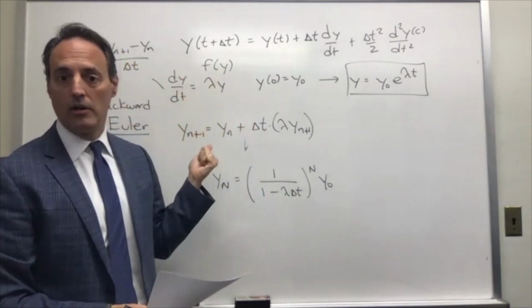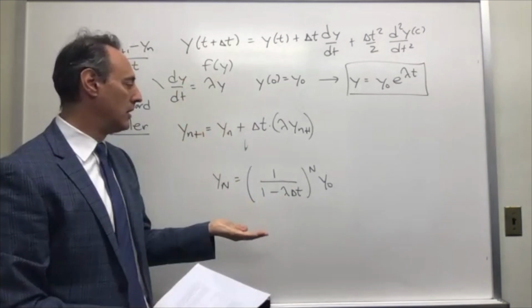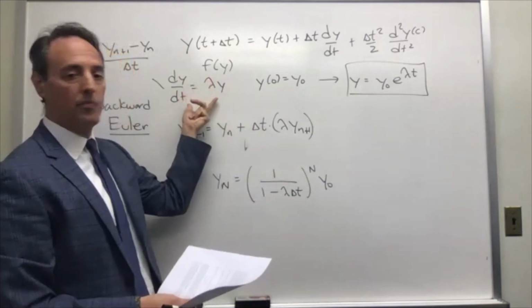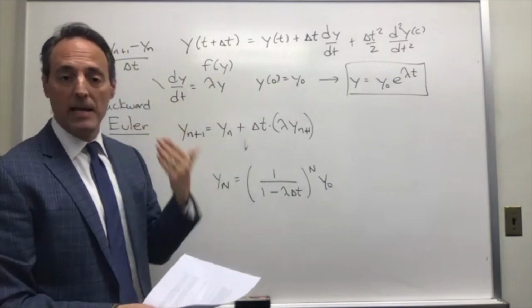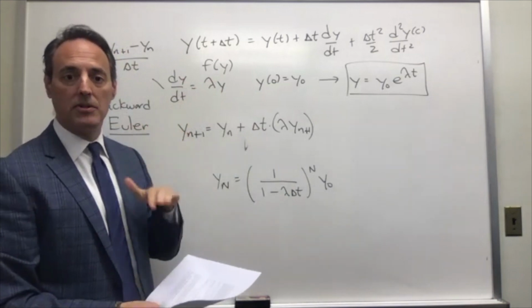So notice, these are just two approximations to the same problem. Algorithm 1, Euler. Algorithm 2, backward Euler. They're both trying to approximate the same thing, but there's a tremendous difference in what happens in the approximation.